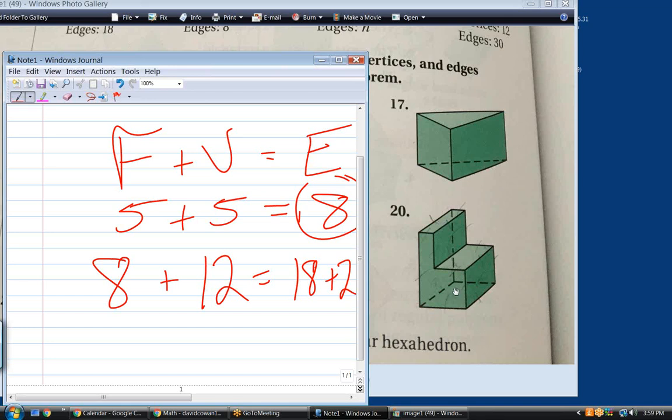Where are you getting 3 on each side? Let's see. I got 1 edge there, 1 edge there, 1 edge there. Did I count this one? No, I got 4. Maybe I missed a vertex. I don't think you did.